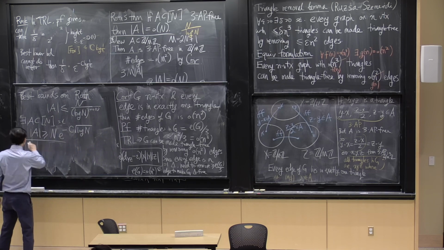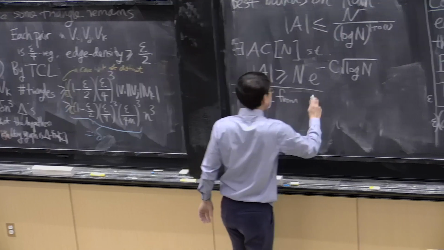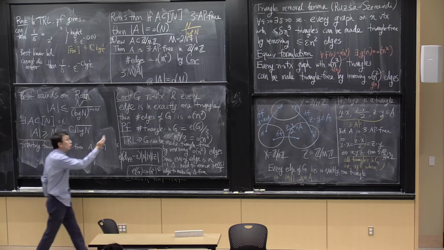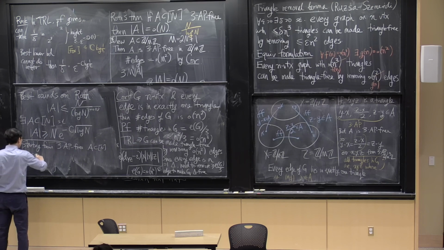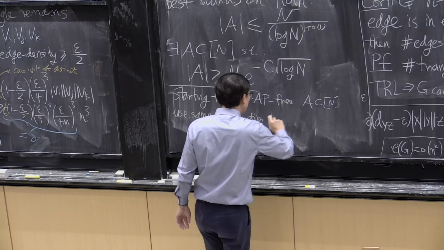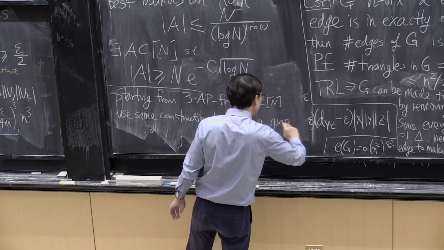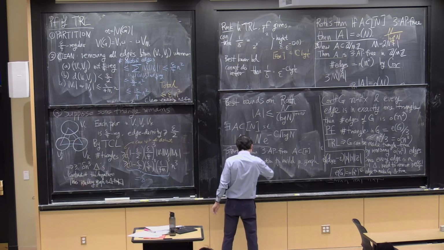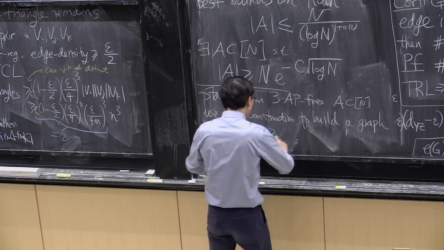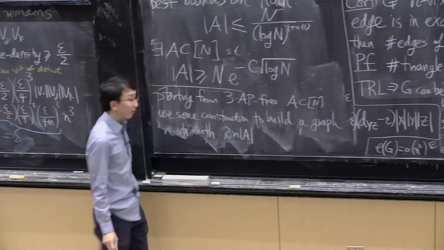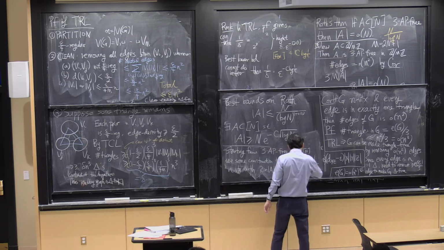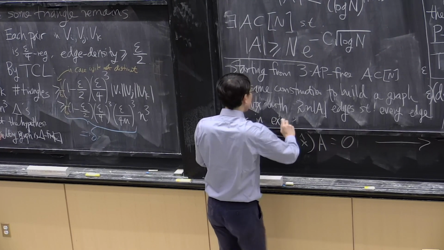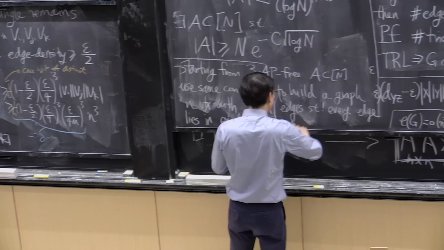Starting from this 3AP-free set A, we can use that construction to build a graph on n vertices with essentially on the order of n times the size of A number of edges, such that every edge lies in exactly one triangle.